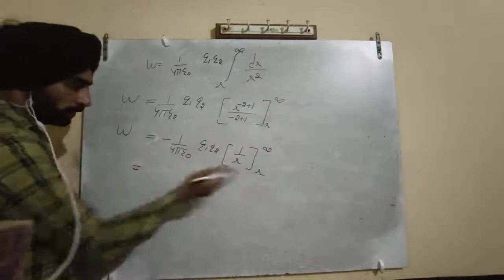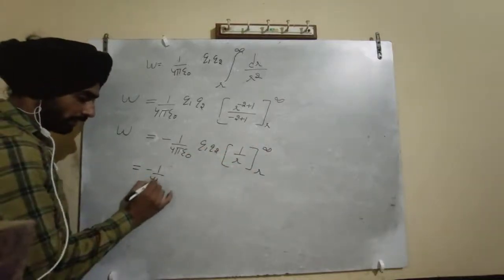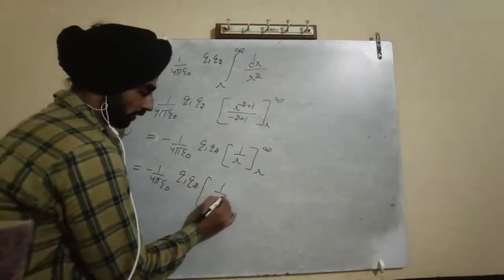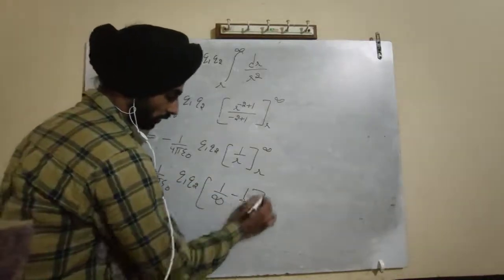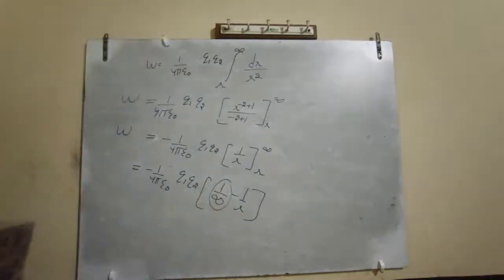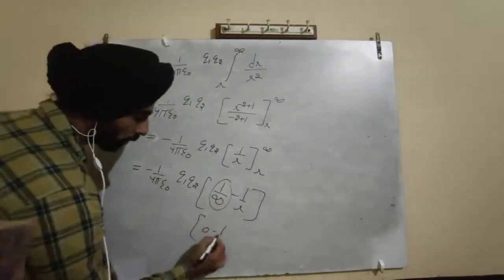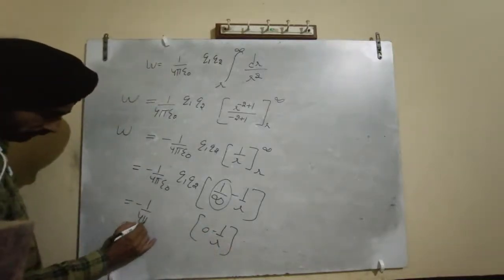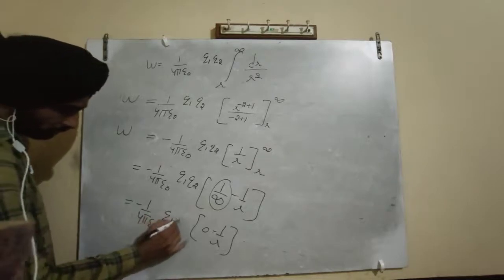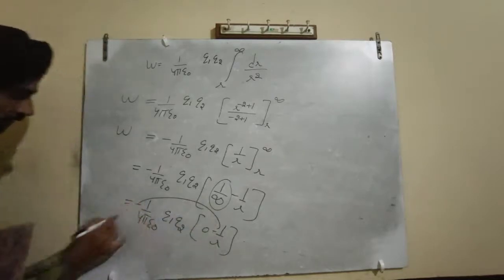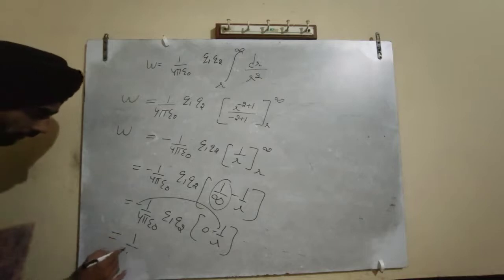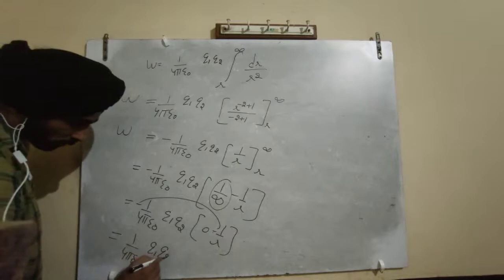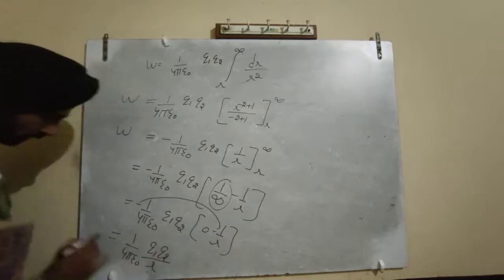You will have to put the limits: minus 1 upon 4 pi epsilon naught Q1 Q2, 1 upon infinity minus 1 upon r. So what is this? This is going to be 0 minus 1 upon r. So minus and minus will become positive: 1 upon 4 pi epsilon naught Q1 Q2 upon r.